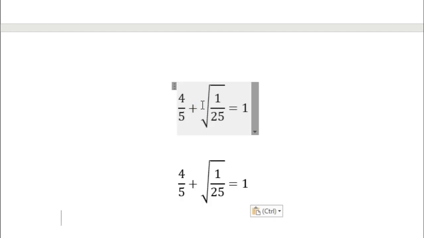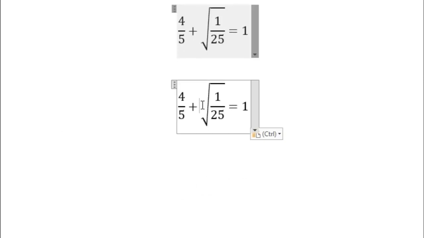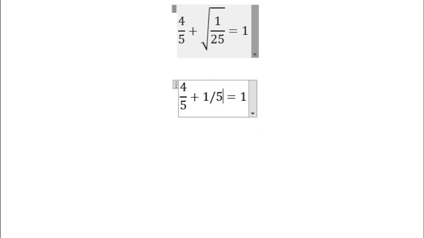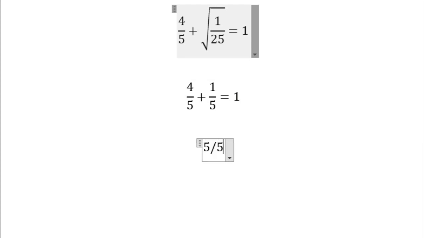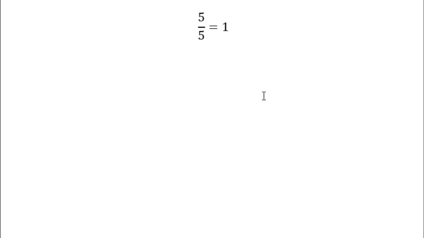So we have that the square root of 1 is 1 and the square root of 25 is 5. So this becomes 1/5. And 4/5 plus 1/5, it's the same as 5/5, which is equal to 1. So 5/5 is equal to 1, so 1 equals 1, so it checks.